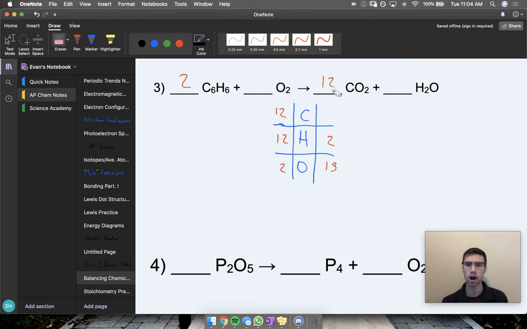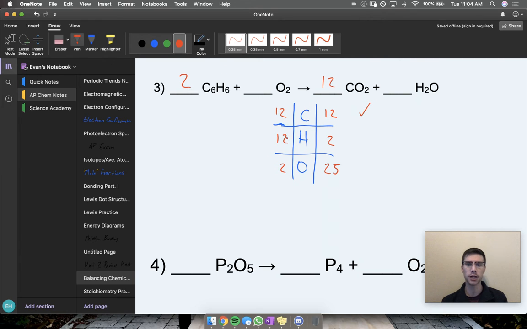That's going to change our carbons and our oxygens here. 12 times our subscript of 1 gives us 12 carbons. These are balanced, so that's good, but again, we might have to come back and change that later. 12 times our subscript of 2 is 24, plus our 1 oxygen here is 25, which isn't good yet, but we still haven't balanced the water molecules, so let's give that a shot.